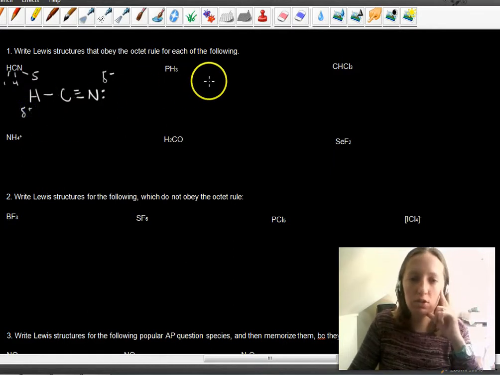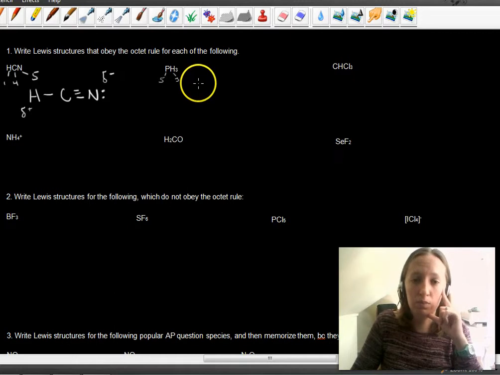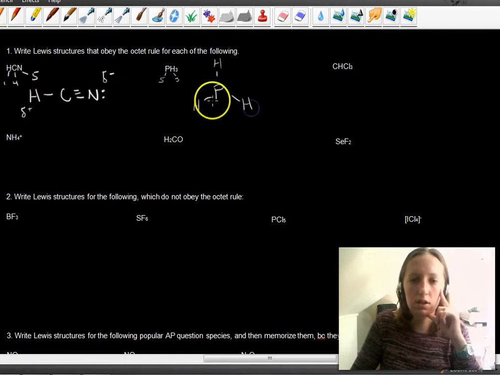All right, PH3. That's 5 valence electrons for phosphorus and 3 total for hydrogen. So we need to make sure we see all 8 of them when we are done here. So phosphorus, with some hydrogens around it.